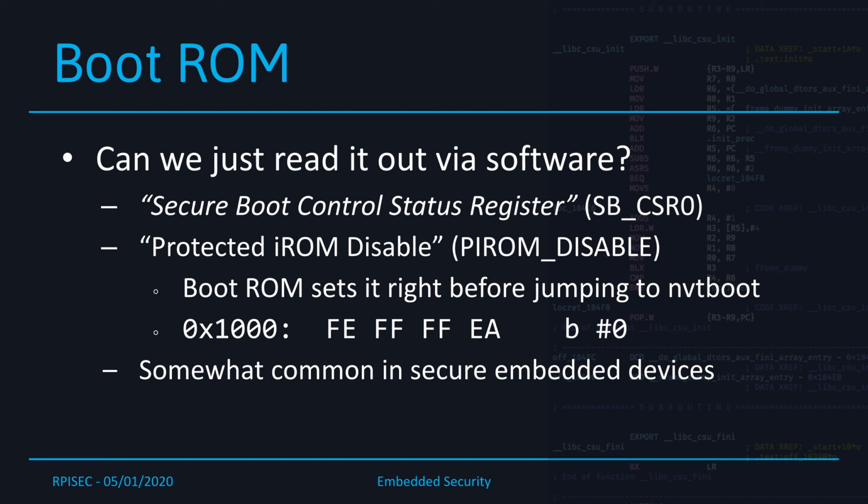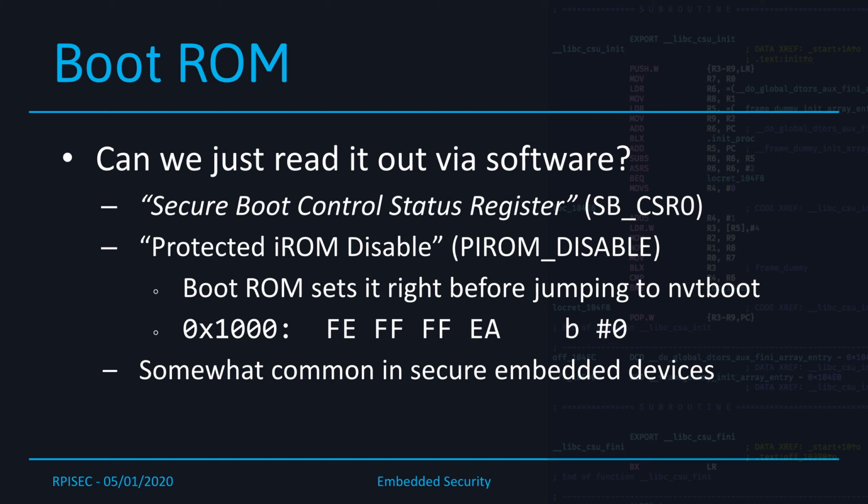So it's going to set this bit, and when this bit is set, it basically means that when you try and read the region of the boot ROM, you're just going to get back this pattern, FE FF FF EA, over and over and over again, instead of the actual thing that's there. If you know any ARM, you might see a lot of E's here and go, that's a kind of weird thing for it to be returning. Why not all F's?